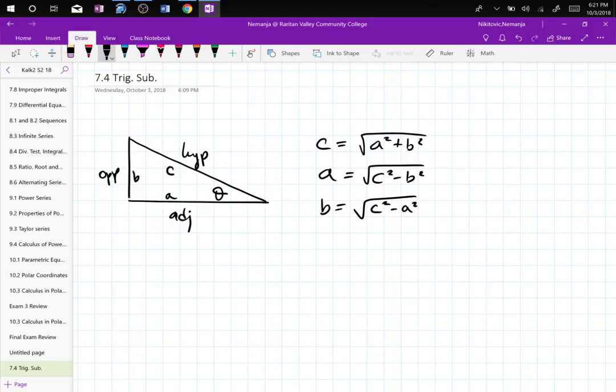Now, we're just going to observe these formulas for a second, and if you are good with that, we can learn the method for trig substitution. This procedure fits every single situation, every single problem. So there is no reason to memorize different situations and different formulas. You just learn this one method.